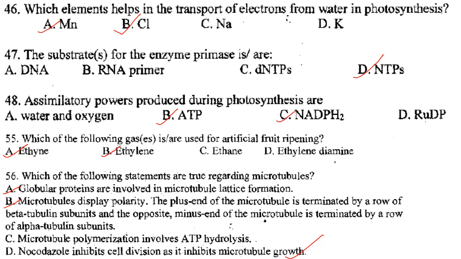That is also correct. Then microtubule polymerization involved ATP hydrolysis. Nocodazole inhibits cell division as it inhibits microtubule growth. So D is also correct. So A, B and D.